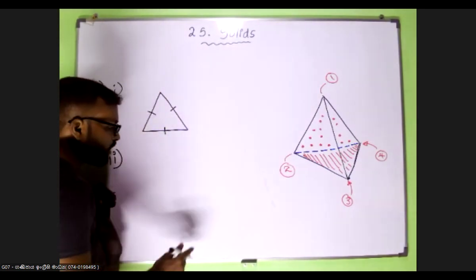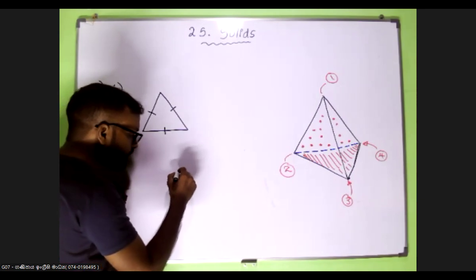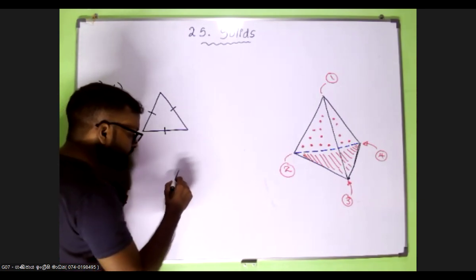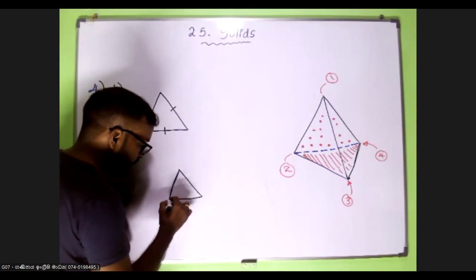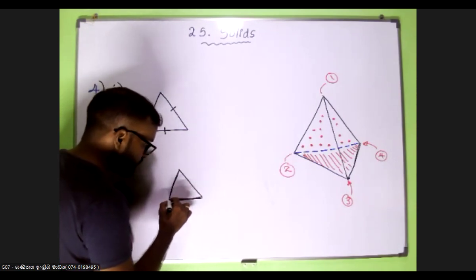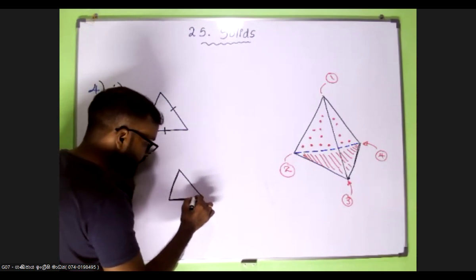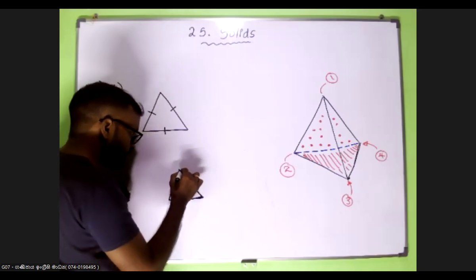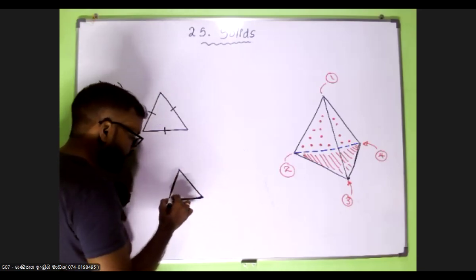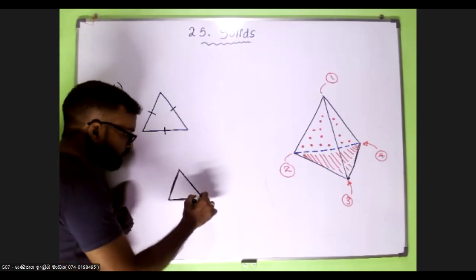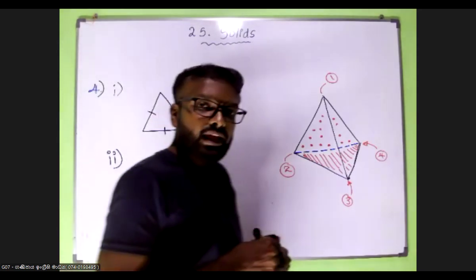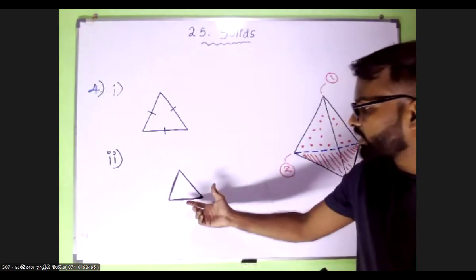So first of all, I will draw an equilateral triangle like this. So all our sides are equal in length.